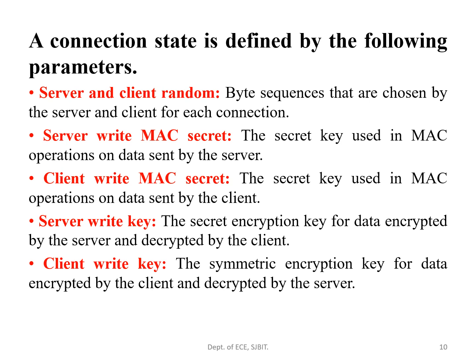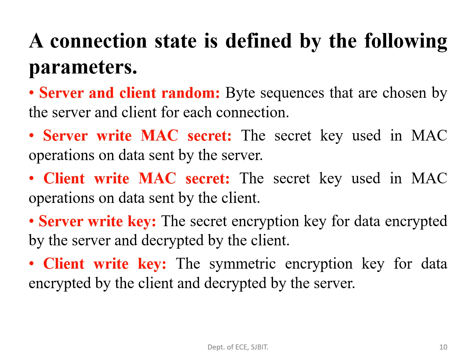Once the connection is established between a client and the server, server and client random are byte sequences that are chosen by the server and the client for each connection.